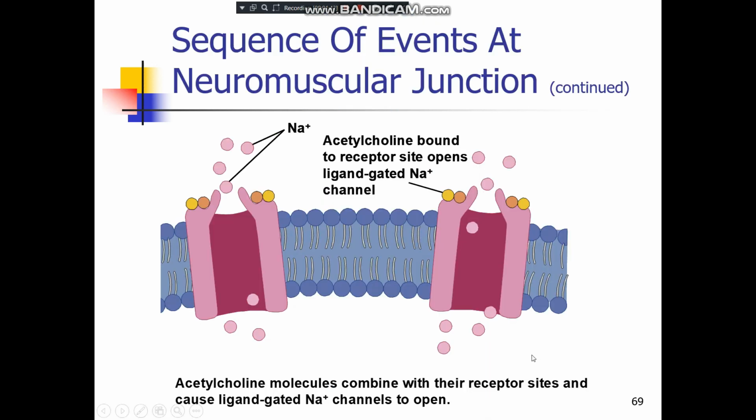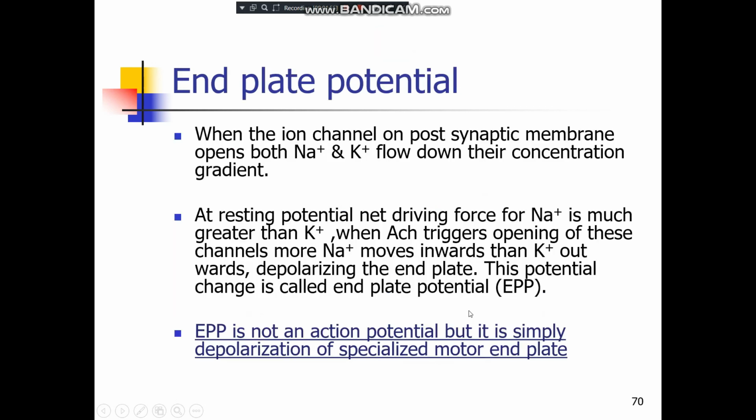Now this is being caused when the acetylcholine attaches to the ligand gated sodium channels and makes the sodium channels open. As a result, sodium and potassium both flow down their concentration gradient.